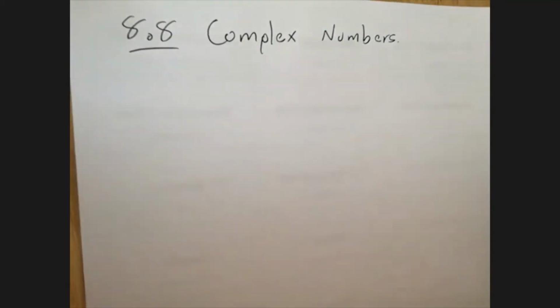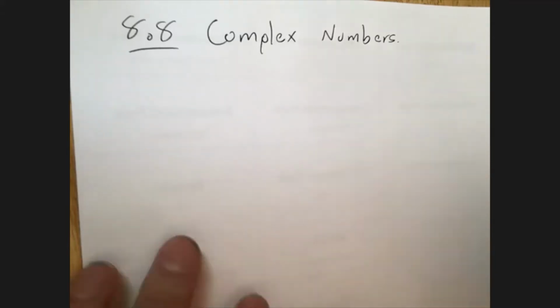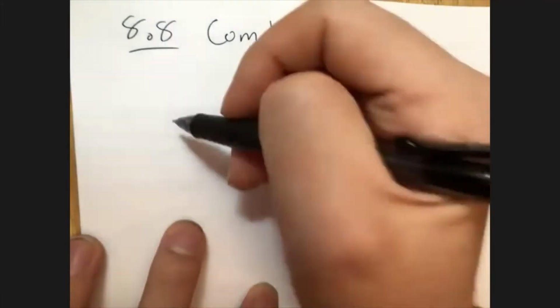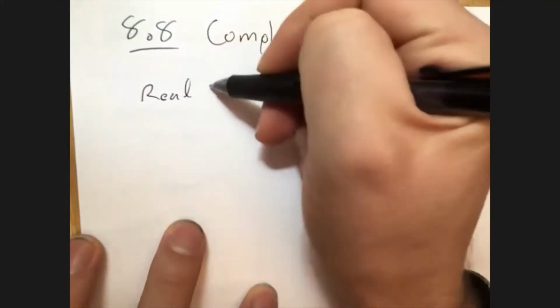Now, complex numbers, when you first see them, they seem very strange, right? The idea is that the real numbers, the ones that we've been working with all up until now, lie on a number line, all right? So we have the real number line.